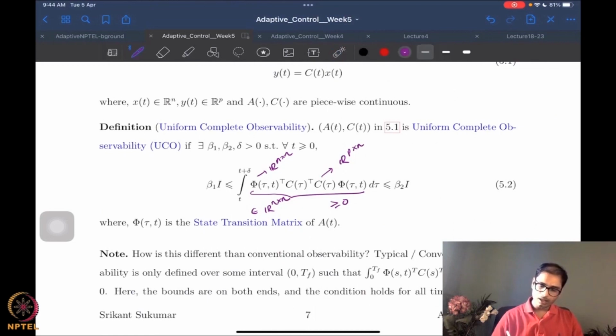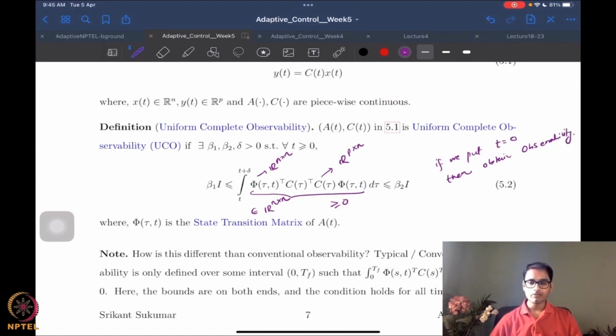Why? Because if we put t equal to say 0, then we obtain observability. So why is it complete observability?